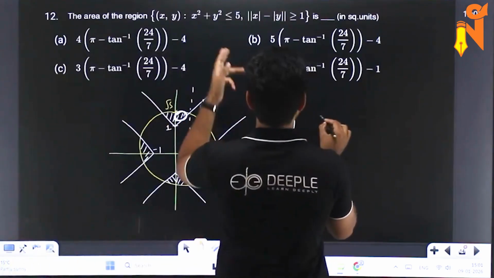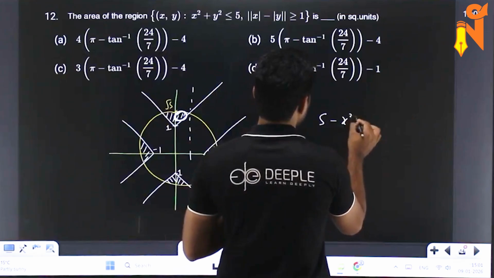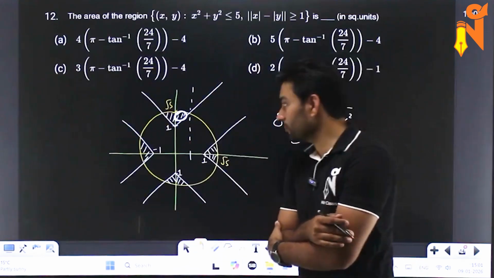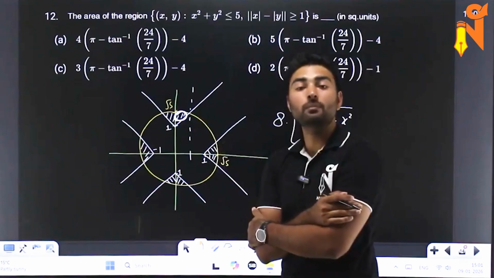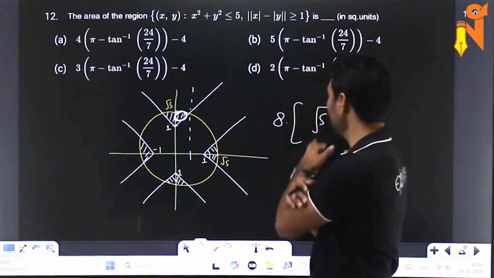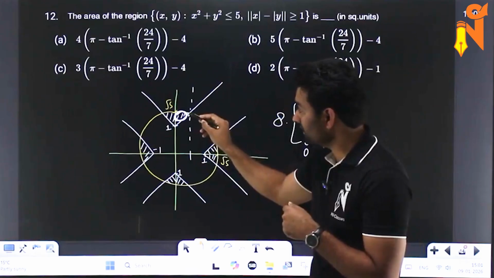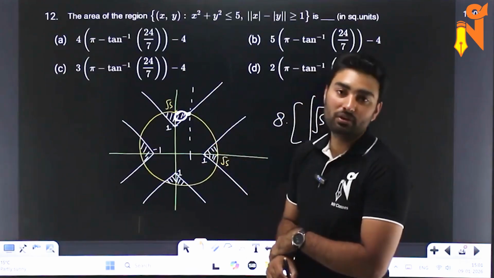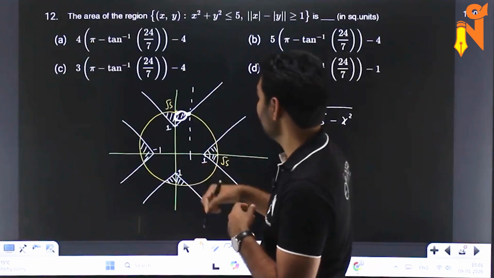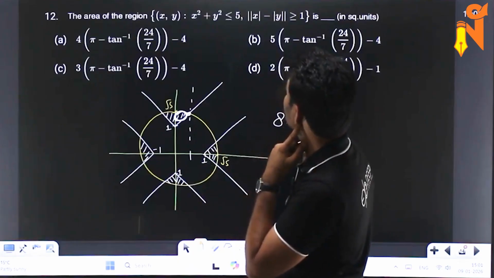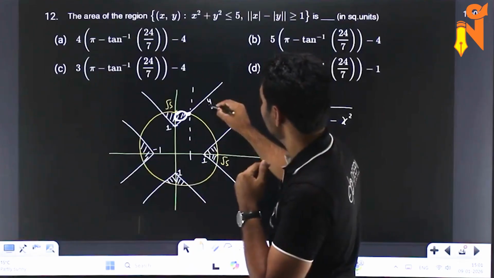So the circle equation, square root of 5 minus x square, only plus y, because we are talking about only this portion. Integration from 0 to the point of intersection. To find this point of intersection, put x equal to 1 here; this equation is actually y equal to x plus 1.